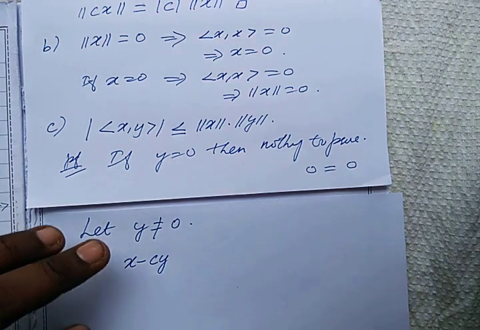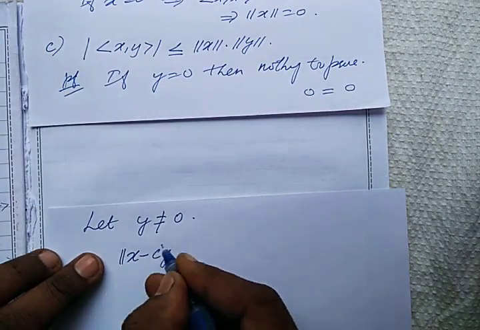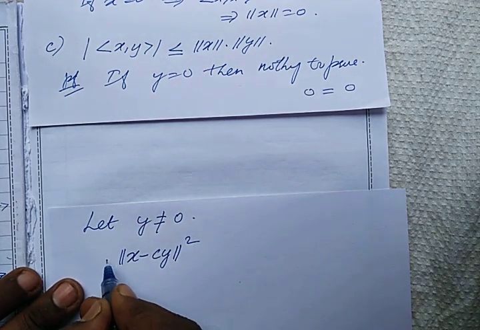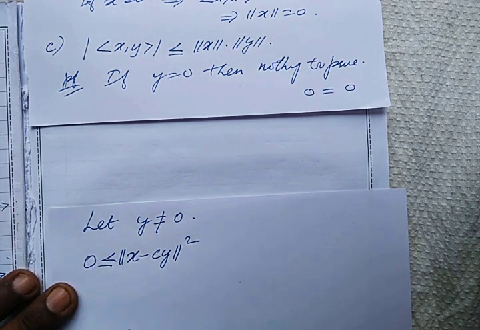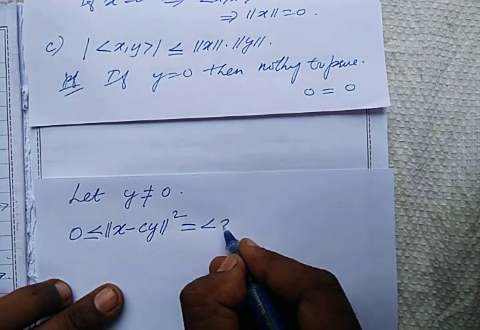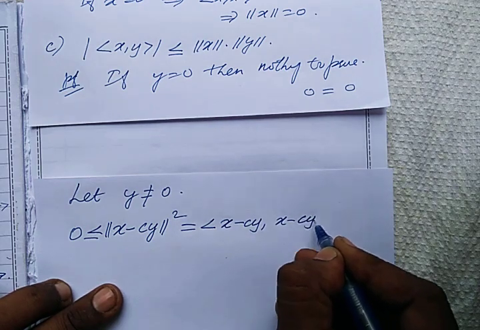It is actually a tricky proof. Consider x minus cy and the norm of this square. Norm of anything is always non-negative, right? This can be written as inner product of x minus cy comma x minus cy.